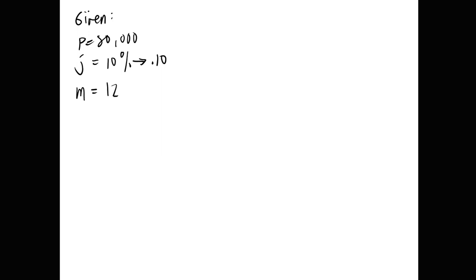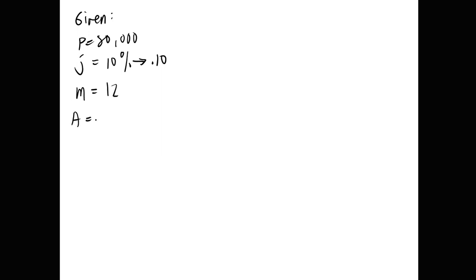Okay, so let's write the given. Given po natin sa problem na yan, we have principal amount which is 80,000 pesos. Okay, next, our J which is 10%. Convert it into decimal, that is 0.10. Okay, next, we have m monthly which is 12.